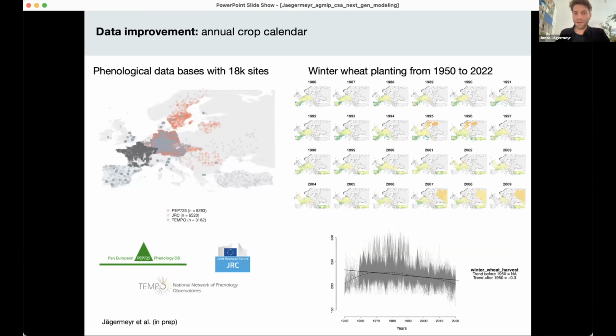These kinds of data are not only available for Europe. I just showed it as an example. We have annual data in a series of countries from Canada, US, Mexico, China, and most breadbasket countries. And stay tuned, this is going to come out and will be available.